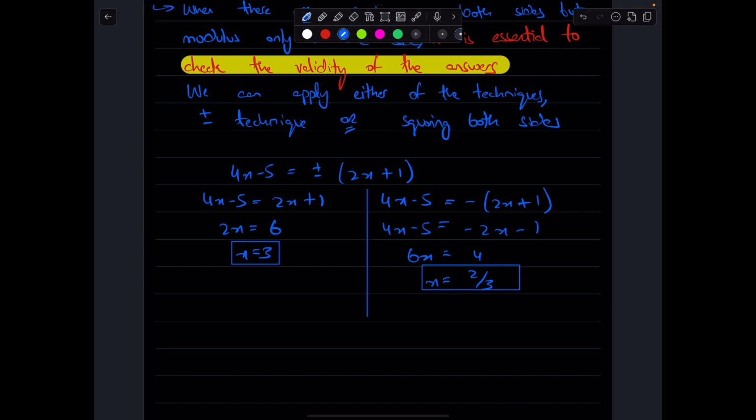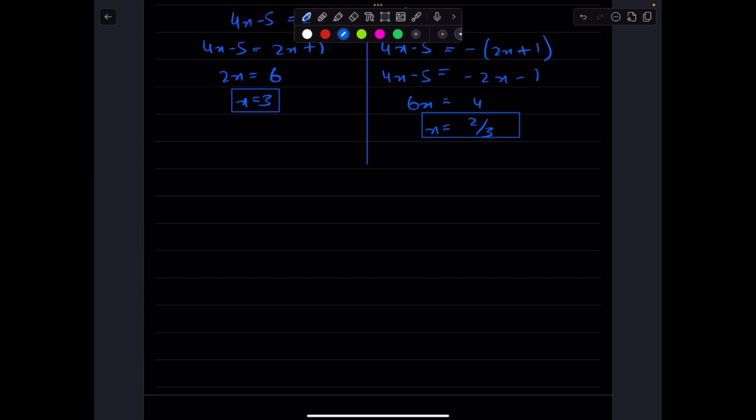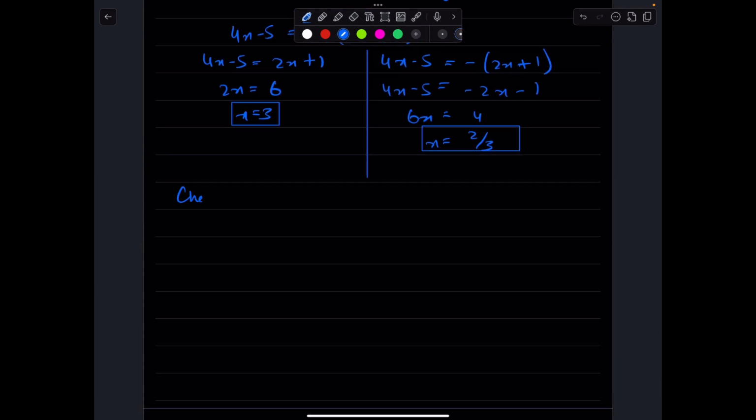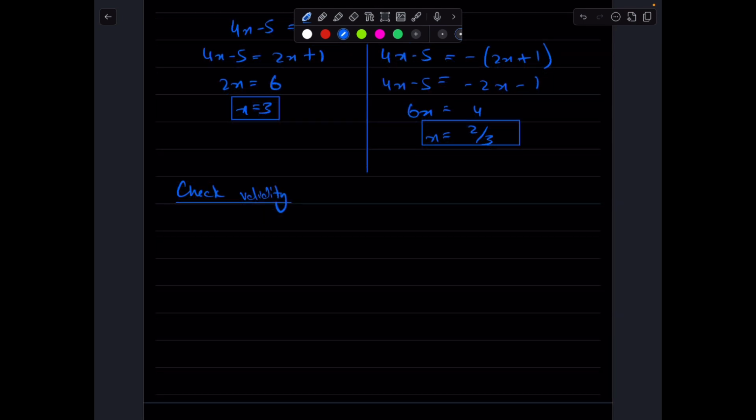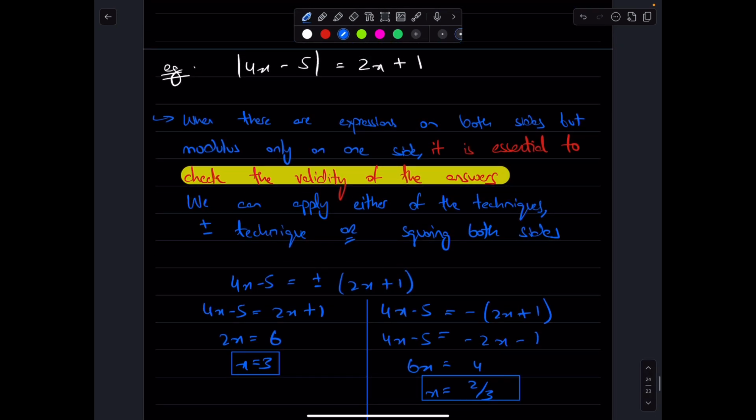Now, to check the validity of the answers, remember to write the subheading. So you always remember to do so. Check validity. So we'll check the validity by substituting the answers back into the original equation. Keep that in mind.